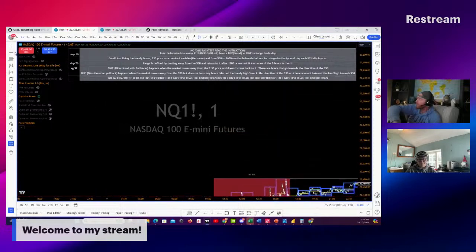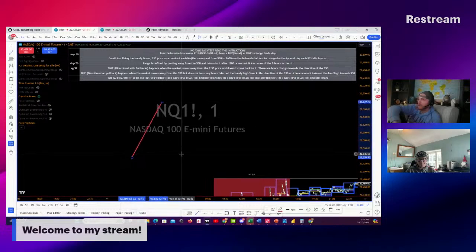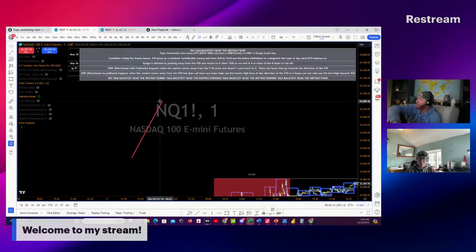Remember, I say all the time, you've got two types of risk: data risk and price risk. If price is right up here, we're at price risk. If price is right here, you have data risk.